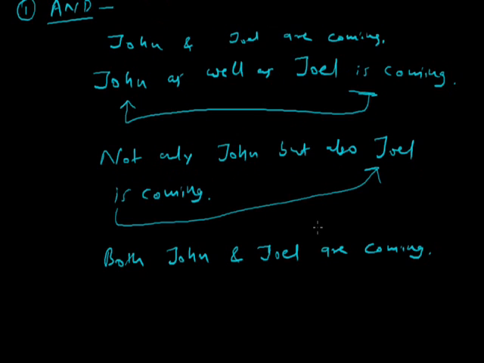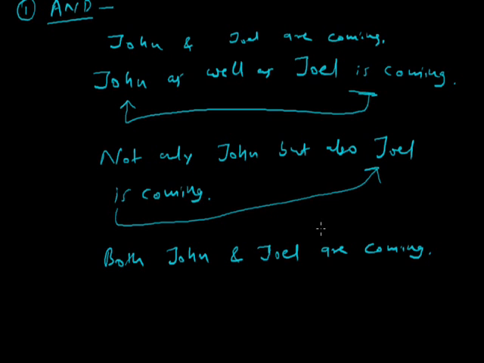What is difficult for you is to identify which connector to put in the blank in the exam. There you get confused. You confuse one connector with another, so you need to learn their usage distinctly. So you understand and, as well as, not only but also, and both, I hope.